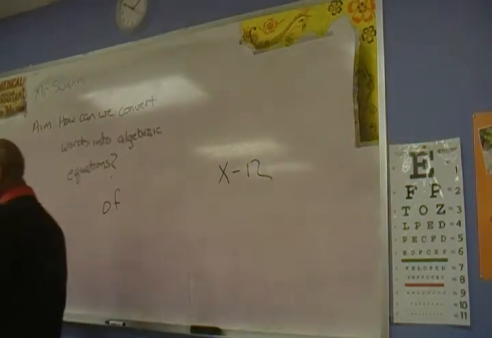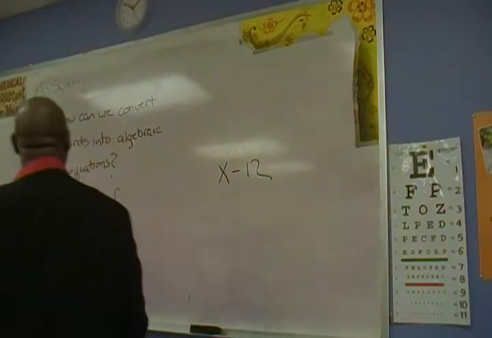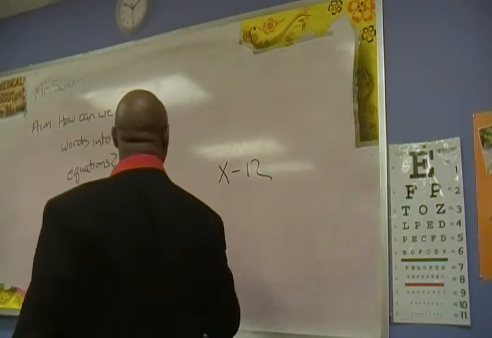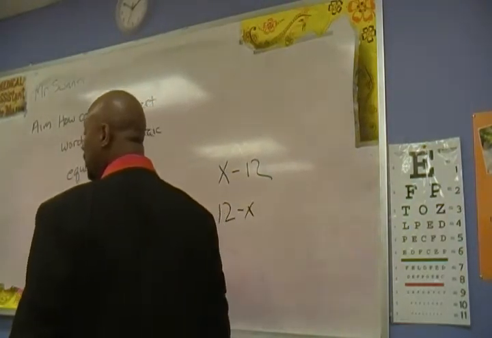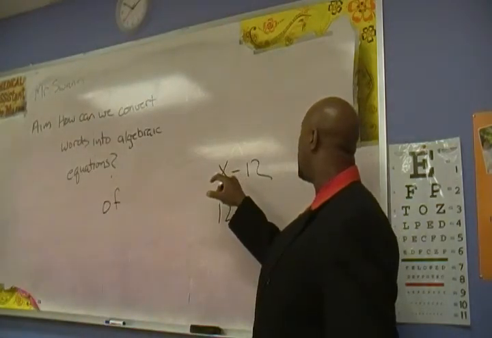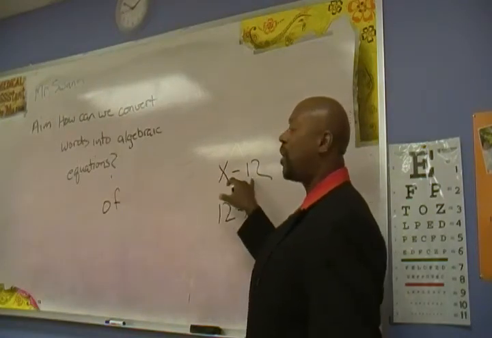All right, so that's the unknown decreased by 12. If they said the opposite, that 12 is decreased by a number, then you're going to have 12 minus x. So in this one, x is decreased by 12, a number we don't know.